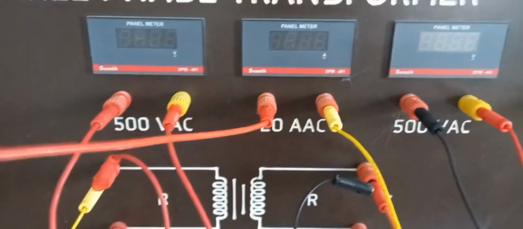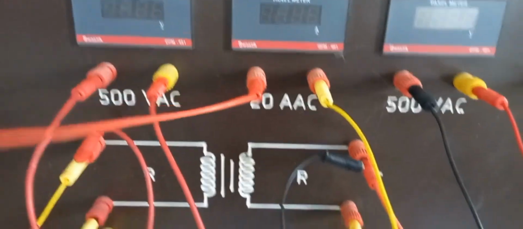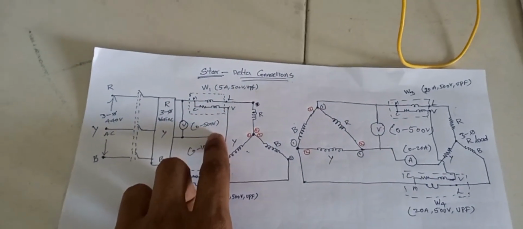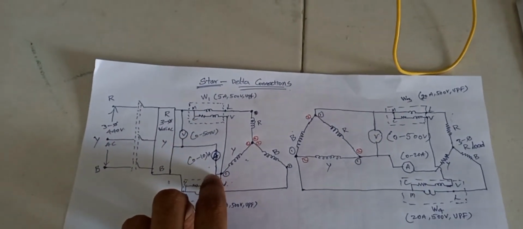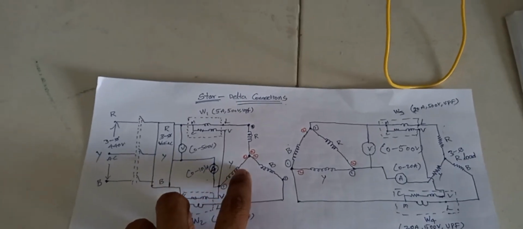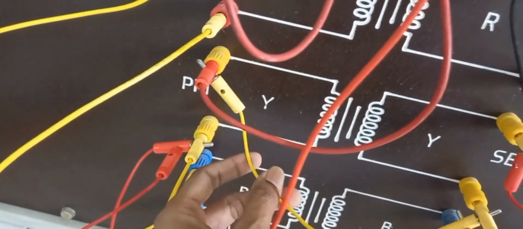So that's why I have connected the Y phase here to the ammeter's first terminal, and this one is the first terminal and this one is the second terminal. The second terminal of the ammeter is directly connected to the Y phase of the primary side. The same thing here also at load end, the secondary side.